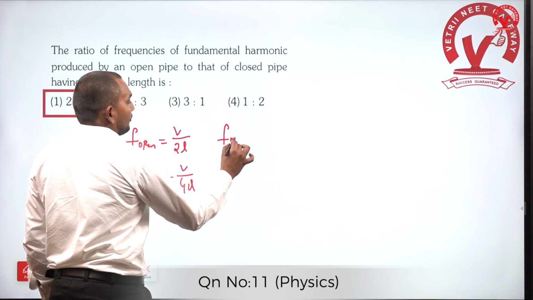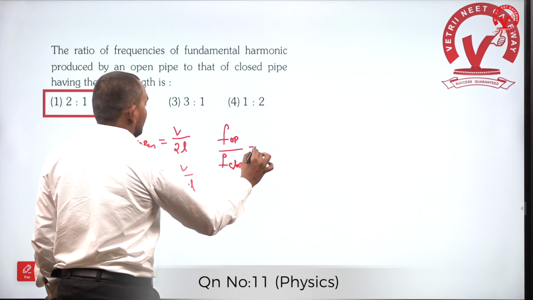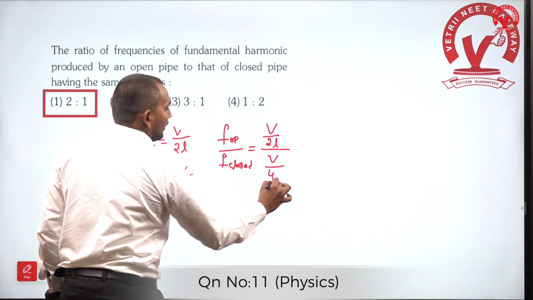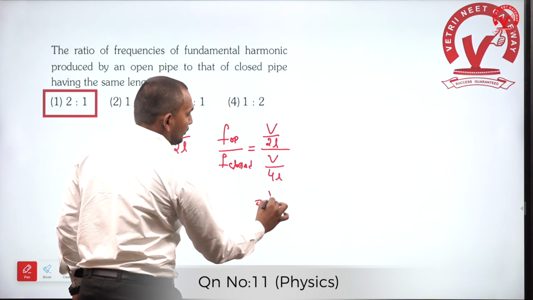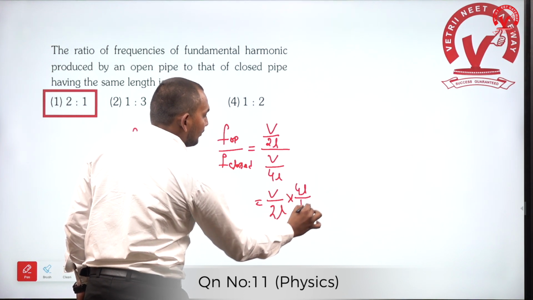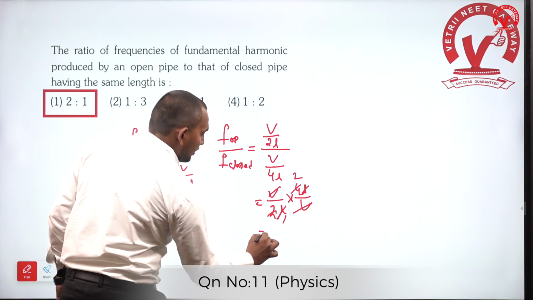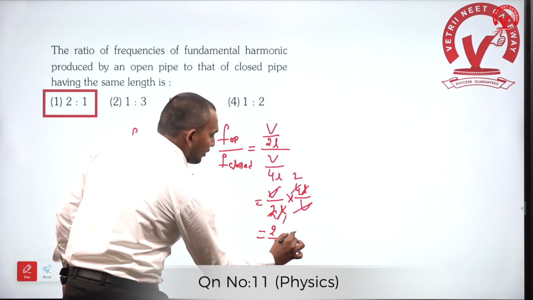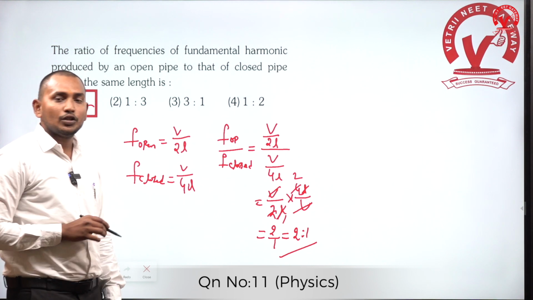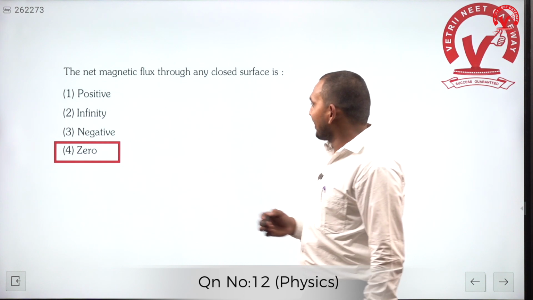Then F open divided by F closed is equal to V by 2L divided by V by 4L. V by 2L into 4L by V, V getting cancelled, L getting cancelled. So 2 is 2, 1 is 1. So 2 divided by 1, that is equal to 2:1. Its ratio is 2:1.